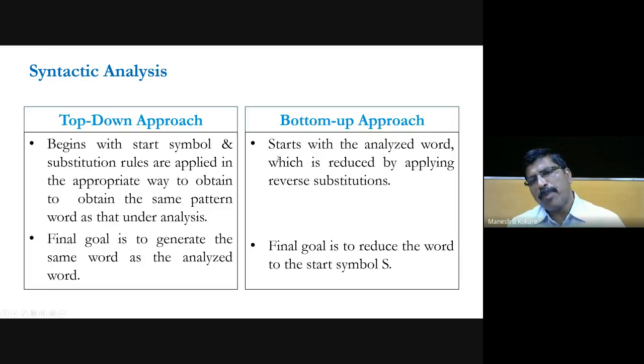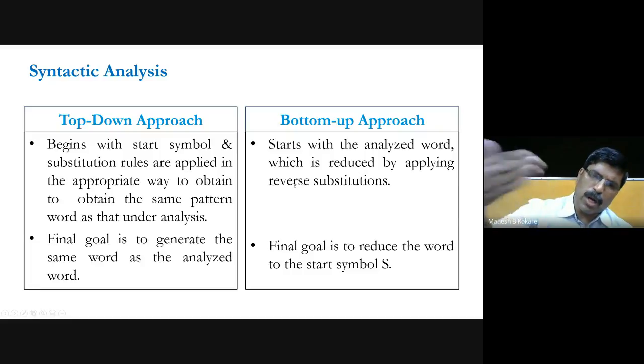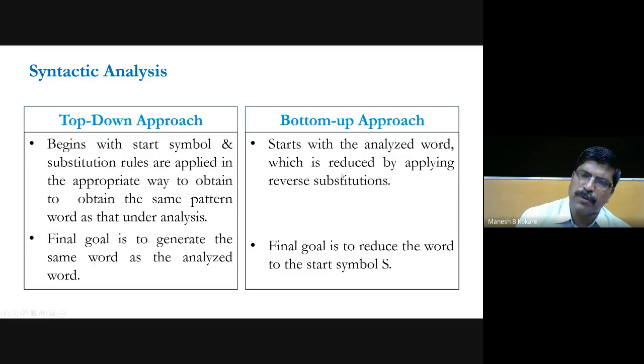Whereas the bottom-up approach is exactly the opposite. You know the language, and then start with the analyzed word, which is reduced by applying the reverse substitution. In this reverse way of applying rules, after the application you will finally get the symbol S. So the final goal is to reduce the word.